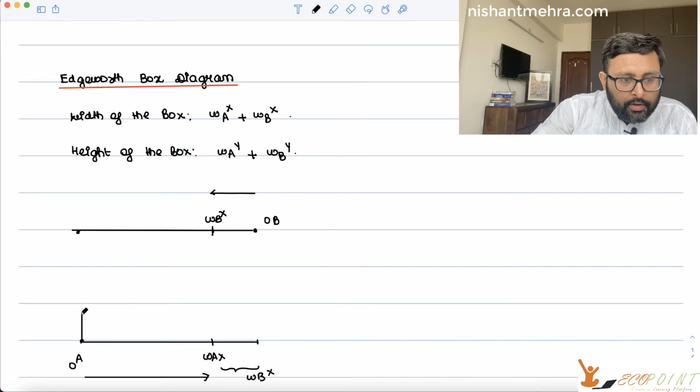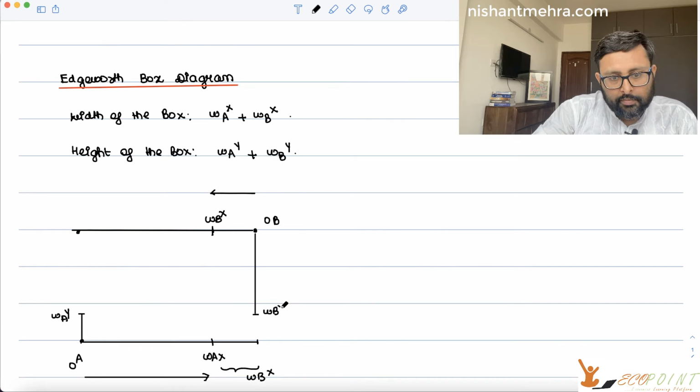This is only what I have as the amount of y, let's say WAY. And this is what you have as the amount of y, the remaining. So the total height is how much?